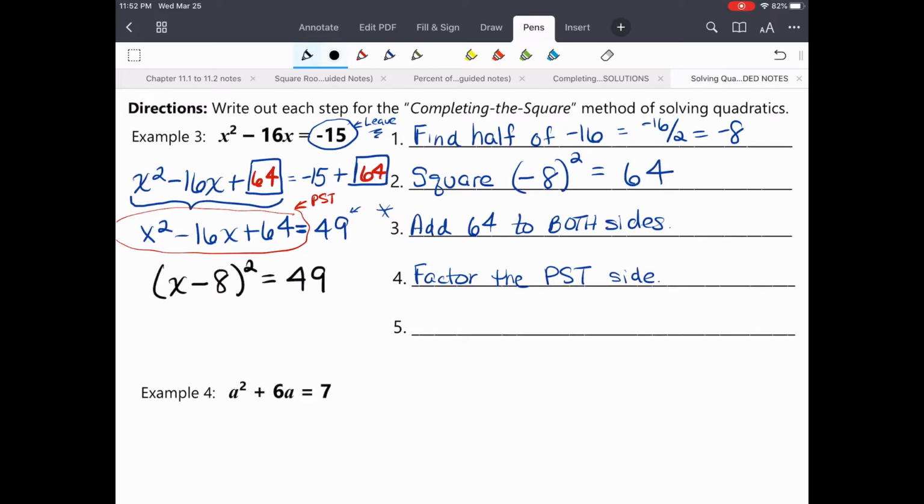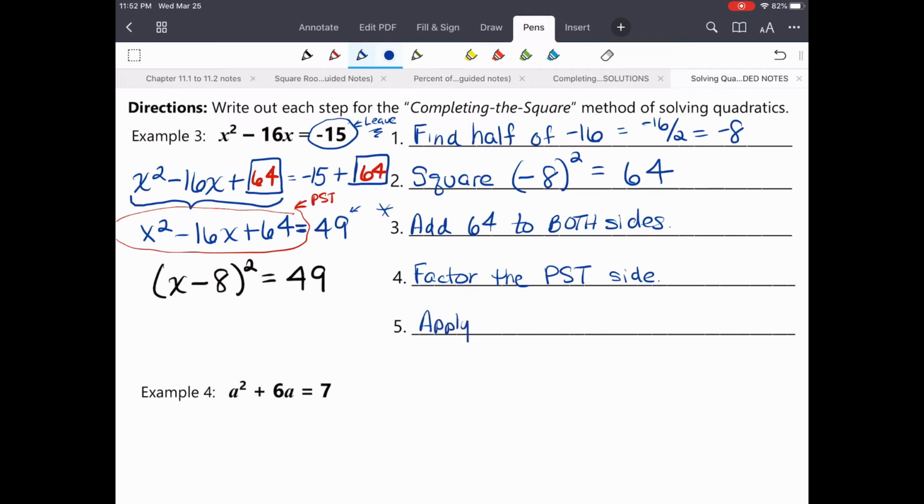Okay, and then the next step, the last step, is going to be what we just used yesterday. So we're going to apply the square root principle to both sides, and then solve it.